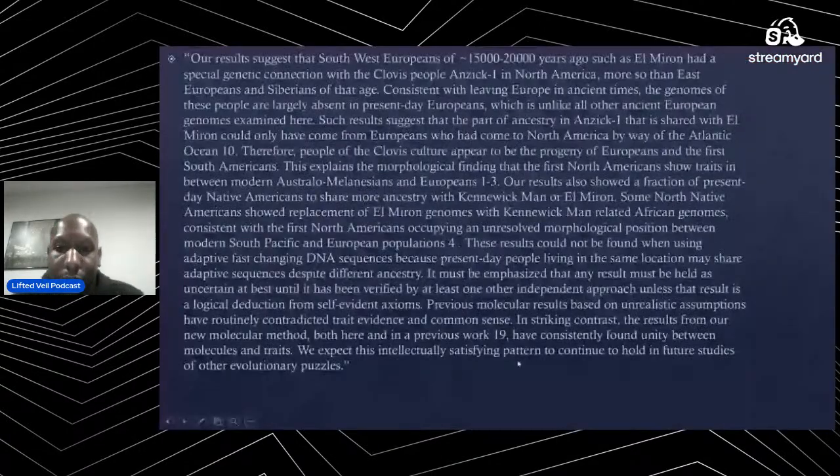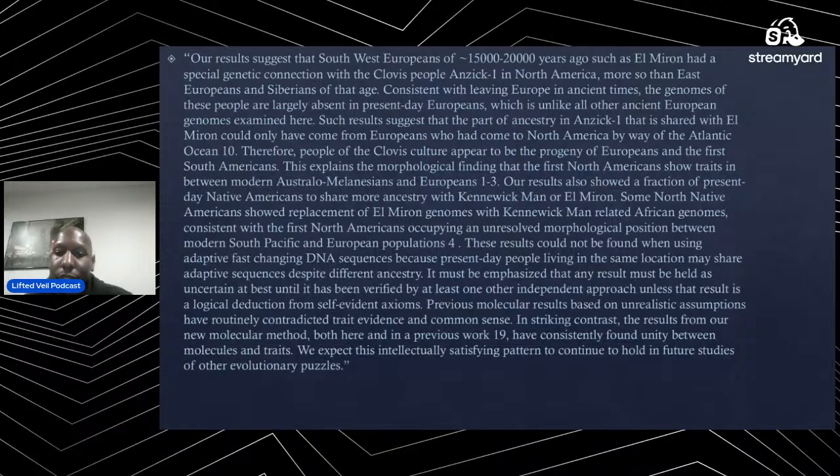So it says these results could not be found when using adaptive fast-changing DNA sequences because present-day people living in the same location may share adaptive sequences despite different ancestry. It must be emphasized that any result must be held as uncertain at best until it has been verified by at least one other independent approach, unless the result is a logical deduction from self-evident axioms.